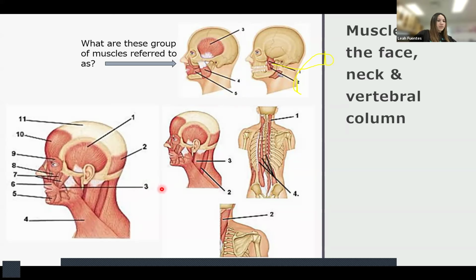Let's see, and number 3, so it's past the masseter, so it's deeper. Do we know what this one is? Yeah, number 3 is going to be the risorius. Again, when you are taking your exam, remember that specific models are sometimes deeper or more superficial than others.